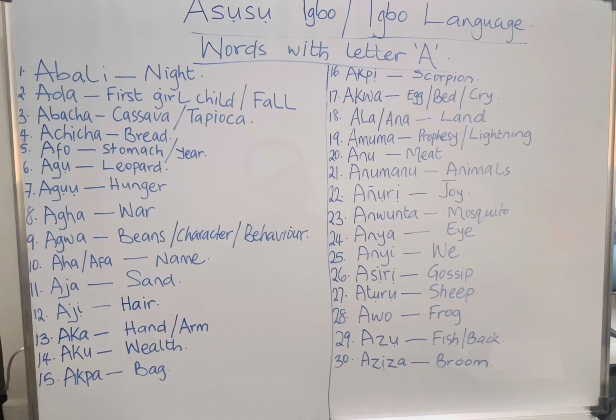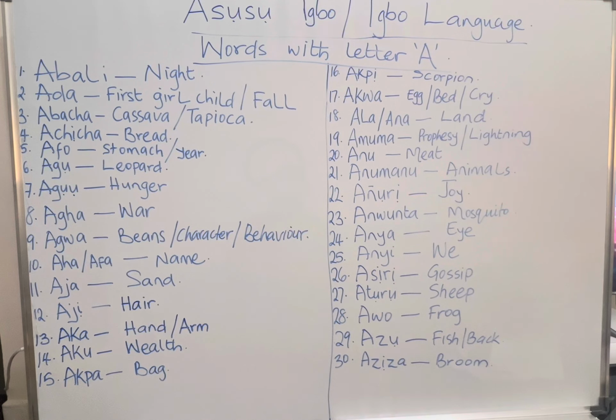The same spelling, the sound is different, but may have different meanings, 1, 2, or 3 meanings. So let us do it together. If you pay attention very well, you will understand them. They are simple, they are easy to understand once you pay attention.